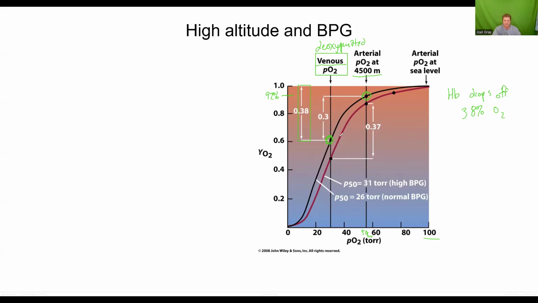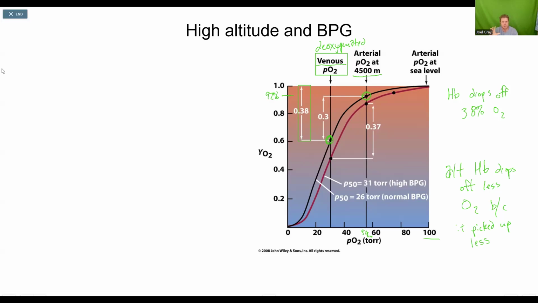It's going to be able to take on less oxygen, and it's ultimately going to be dropping off less oxygen because it took on less. So altitude, hemoglobin drops off less O2 because it picked up less.